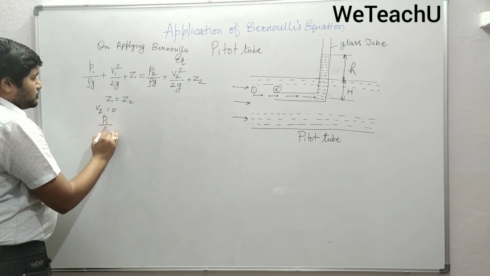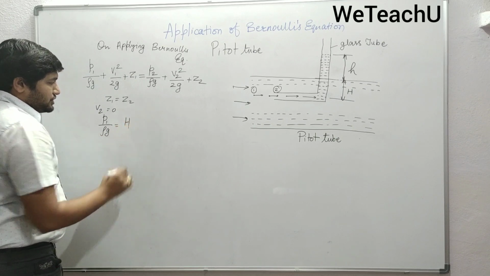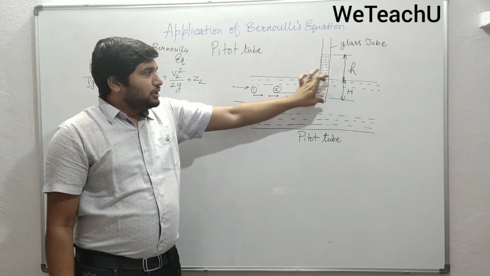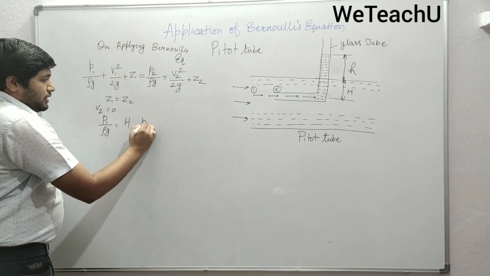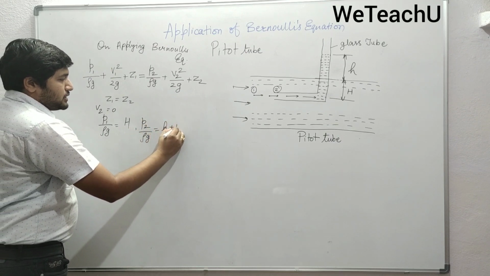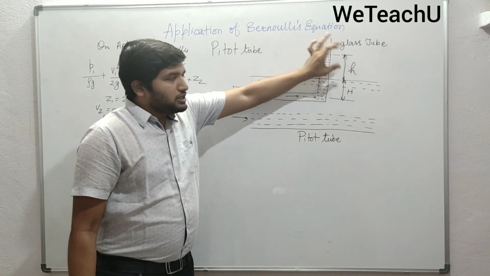Now P1 upon rho g is the pressure head, and the pressure head becomes h. This h is the depth of the glass tube in the pipeline. Now P2 upon rho g is equal to h plus H. This is the pressure head at point 2, h plus H.